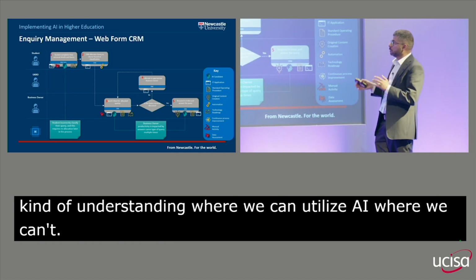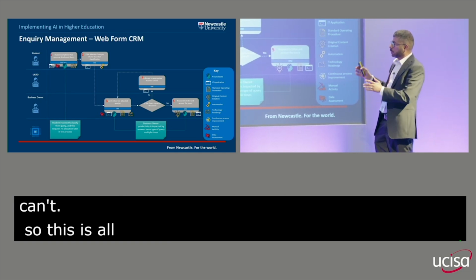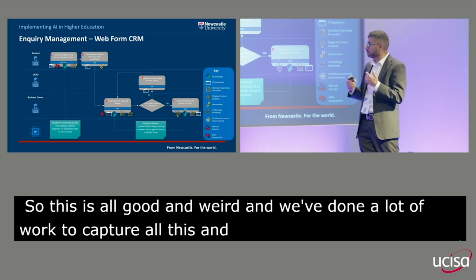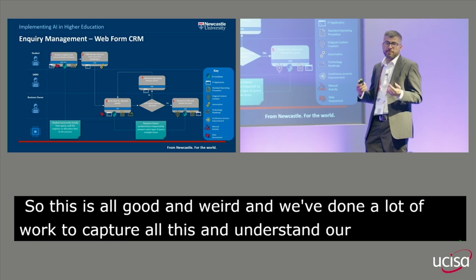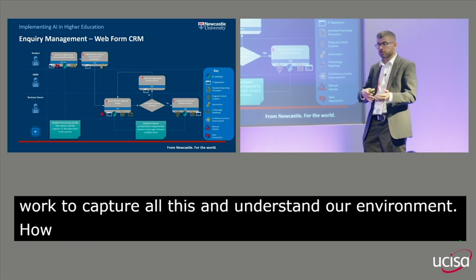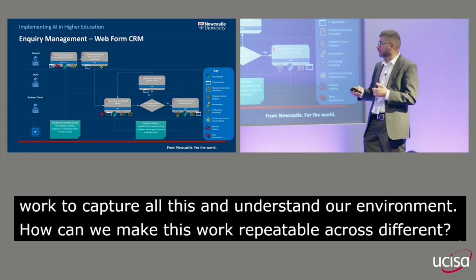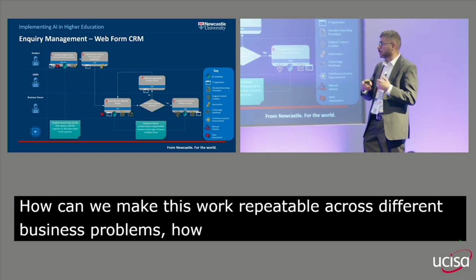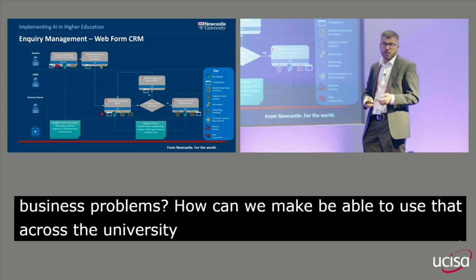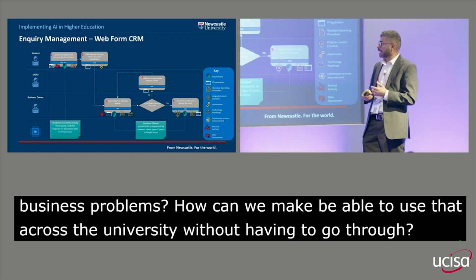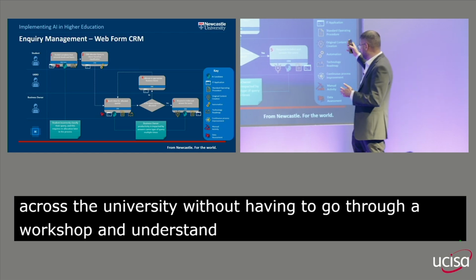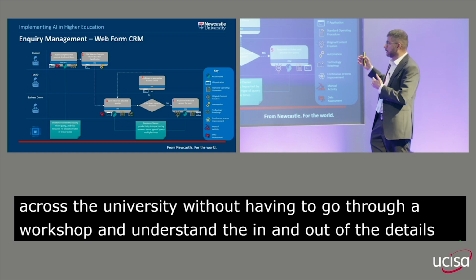This is all good and well, and we've done a lot of work to capture all this and understand our environment. How can we make this work repeatable across different business problems? How can we make people use that across the university without having to go through a workshop and understand the ins and outs of the details, with only these key components that we've come up with?